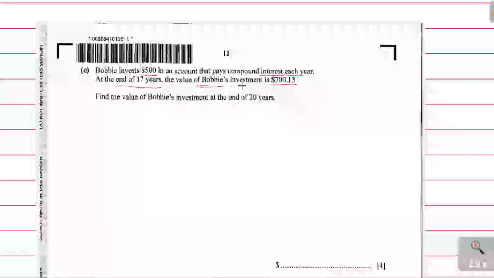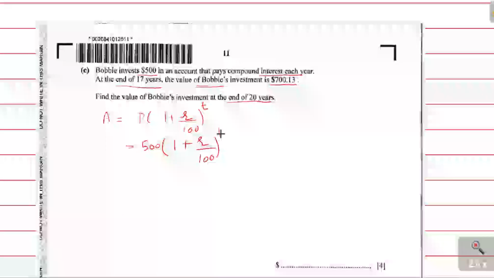Part C. Bobby invests $500 at compound interest each year. At the end of 17 years, the value of the investment is 700.13. Find the value of the investment at the end of 20 years. Look here, the formula of compound interest: A equals P times 1 plus R over 100, whole power T. P is the investment, this is 500. R is the rate, T is the time, 17 years, and the value at 17 years is 700.13.